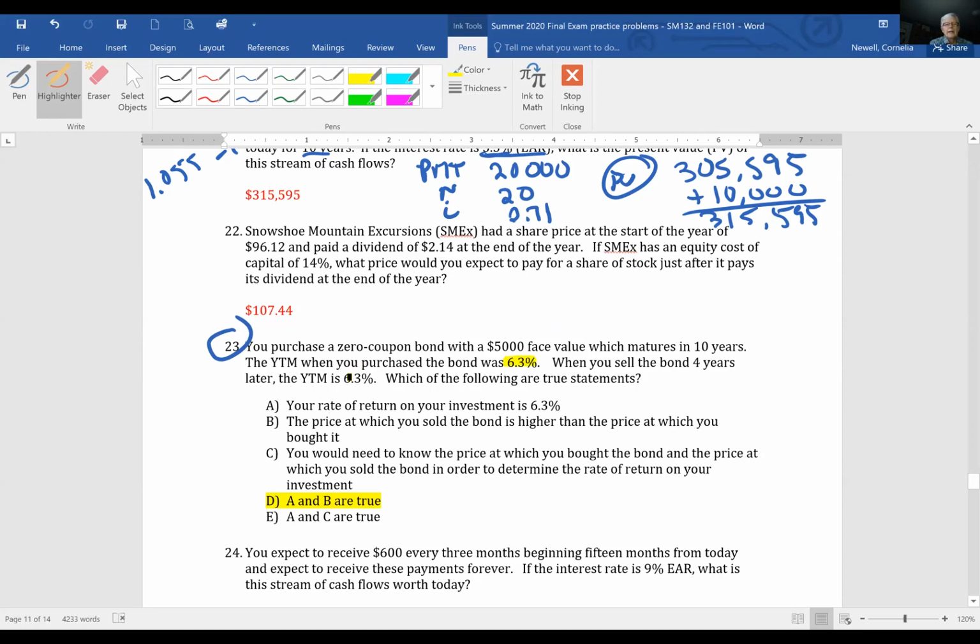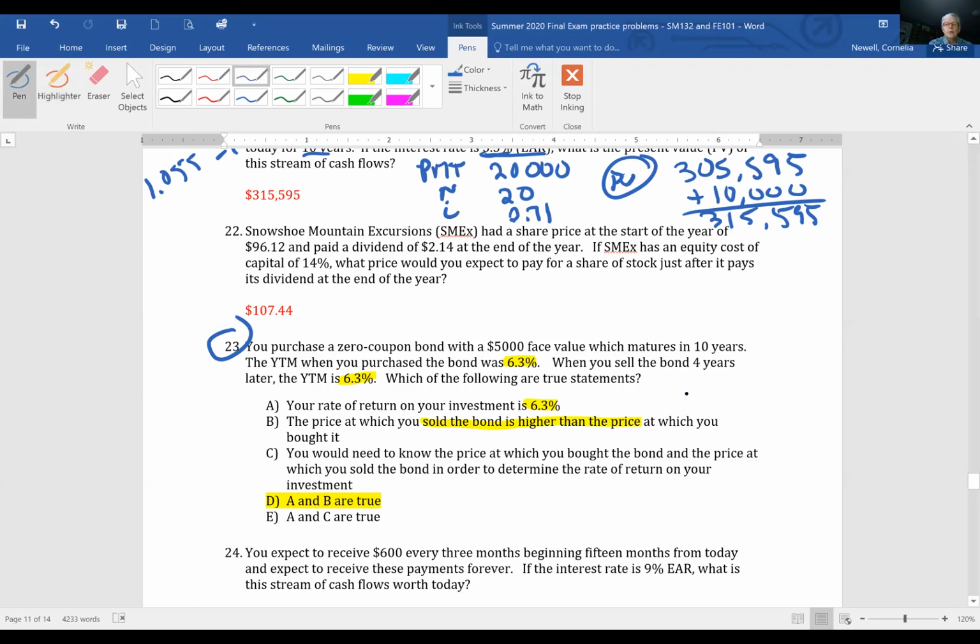When we sell it, it's 6.3. So that gets back to what I was saying earlier today. If you buy it and sell it when the yield to maturity doesn't change, then your return on your investment is going to be that yield to maturity. When you buy and sell a zero coupon bond, the price you sell it at is always going to be higher than the price you buy it at.